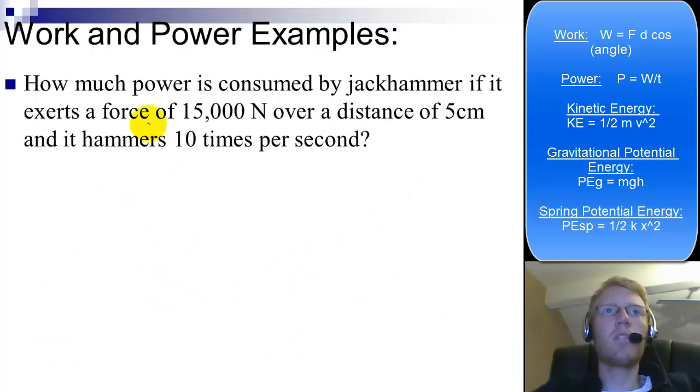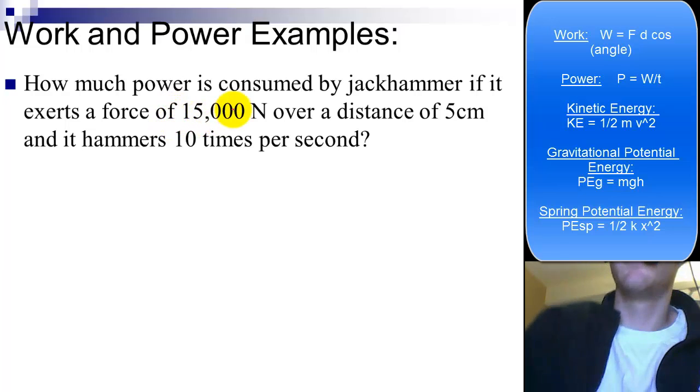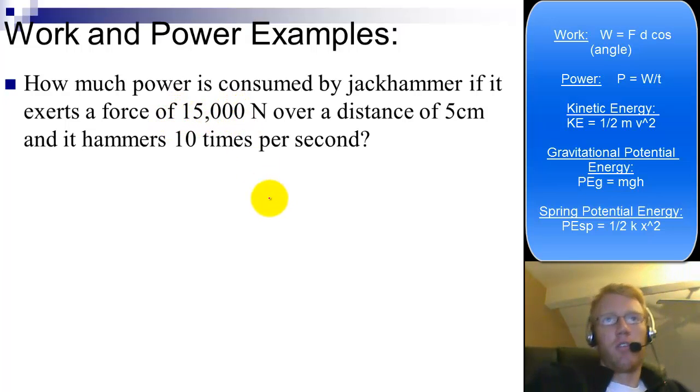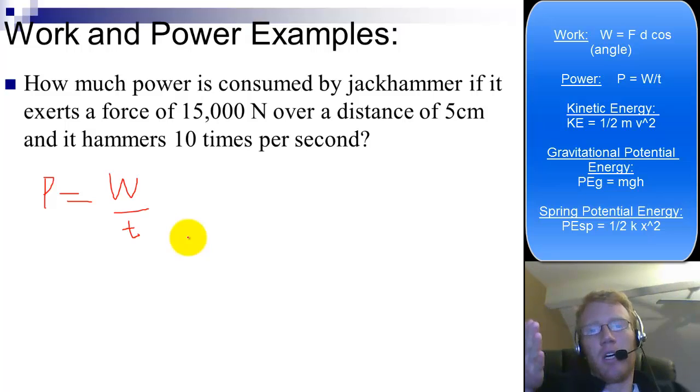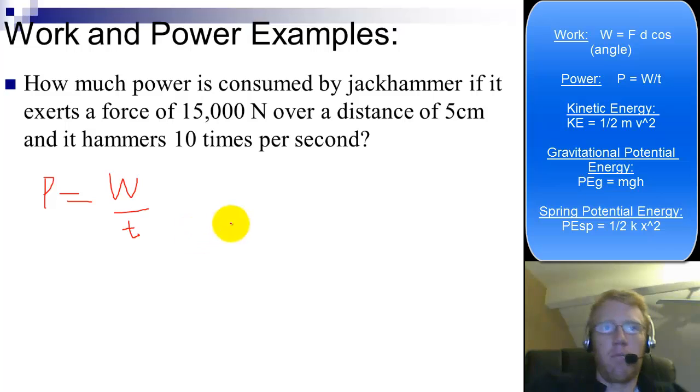All right. How much power is consumed by a jackhammer if it exerts a force of 15,000 newtons over a distance of 5 centimeters and it hammers 10 times per second? Okay, so the formula for power we just said was work over time. Well, a jackhammer is applying a force right in the direction of the motion.